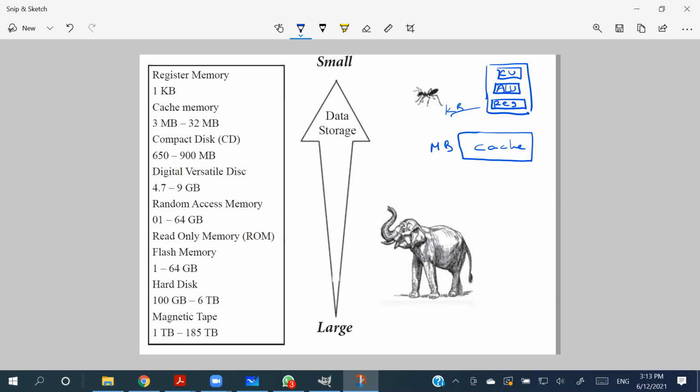And magnetic tapes are an old technology, but when it comes to capacity, they have the biggest capacity, right? So that is the way that storage differs from the smallest unit to the bigger unit, right?